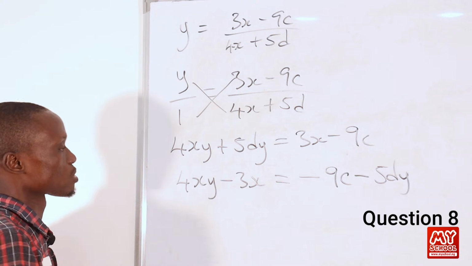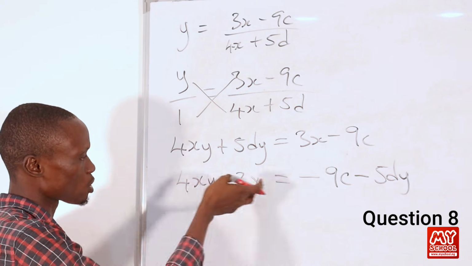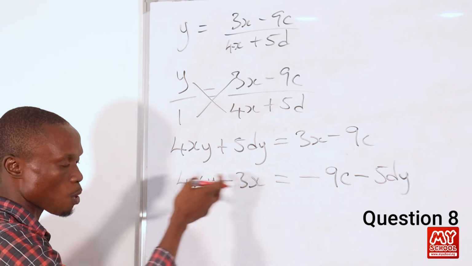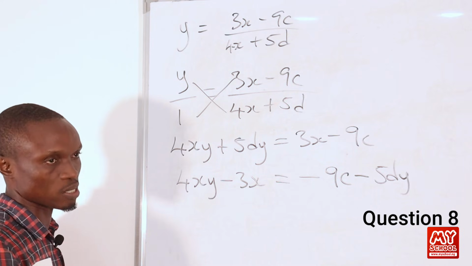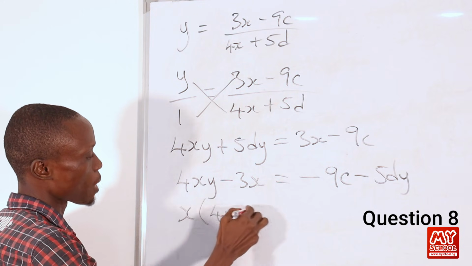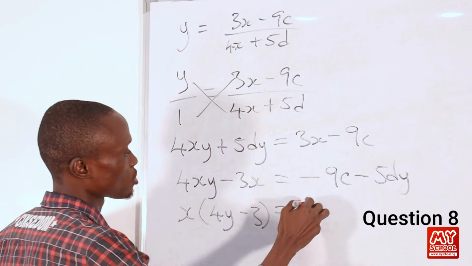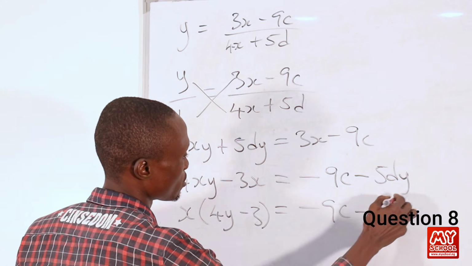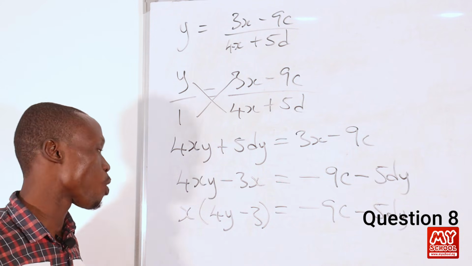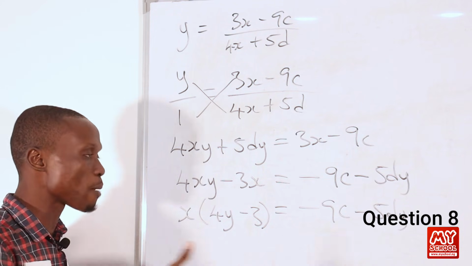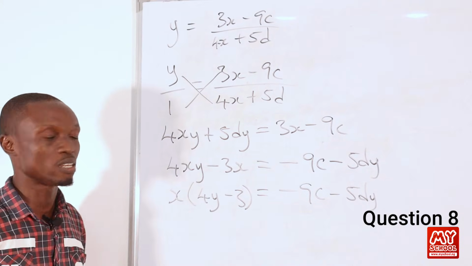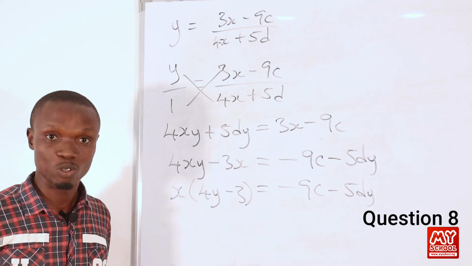Now, if you check this algebraic expression very well, you find out that s is common between both terms, so we can factor out s. So s comes out and we'll have 4y minus 3. The y on the other side can still remain the same. Since we want to make s the subject of the formula, we divide both sides by the coefficient of s, and the coefficient of s here is 4y minus 3.